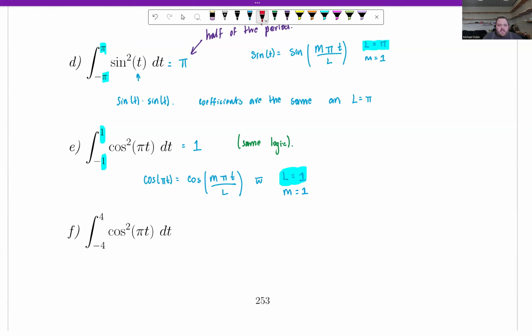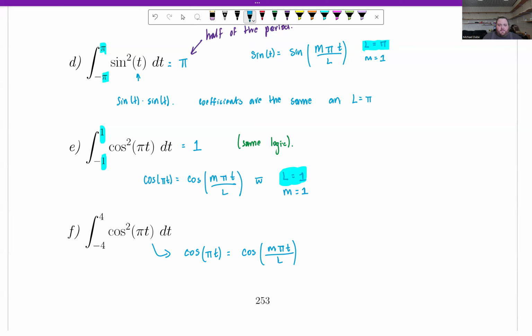So if we were to say that cos of pi t, we want to set this equal to cos of m pi t over L. Okay, and so we want to take a look at this.